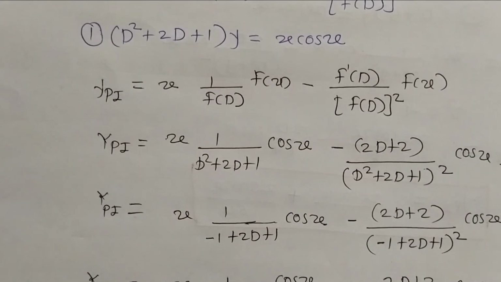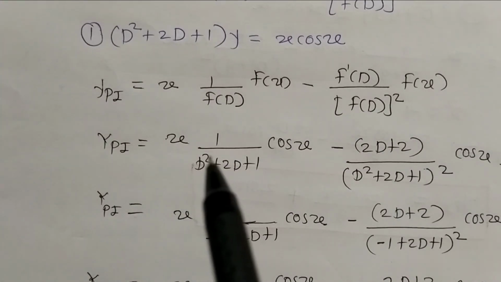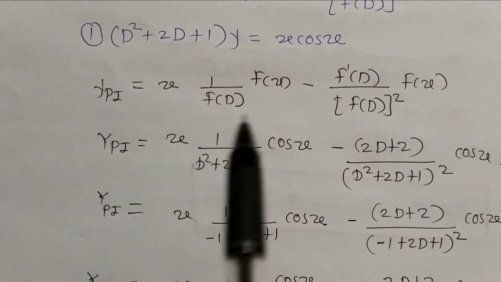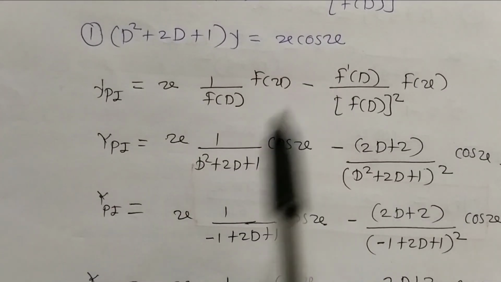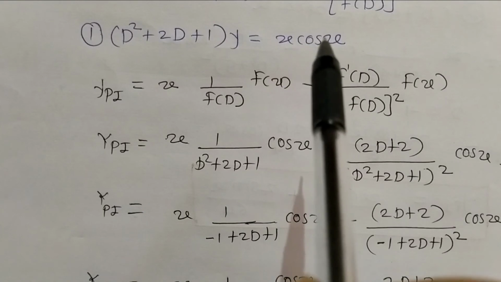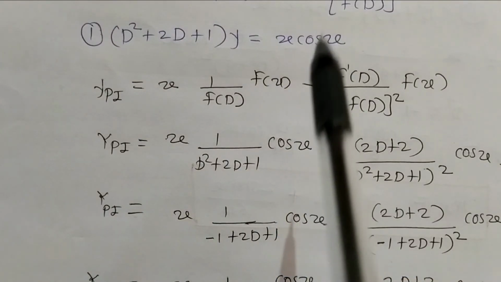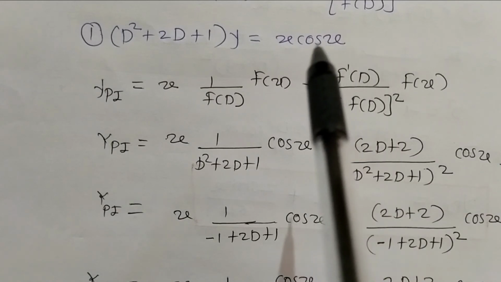Then d square is minus 1, because here it is cos ax where a is equal to 1, so d square is equal to minus 1 square.